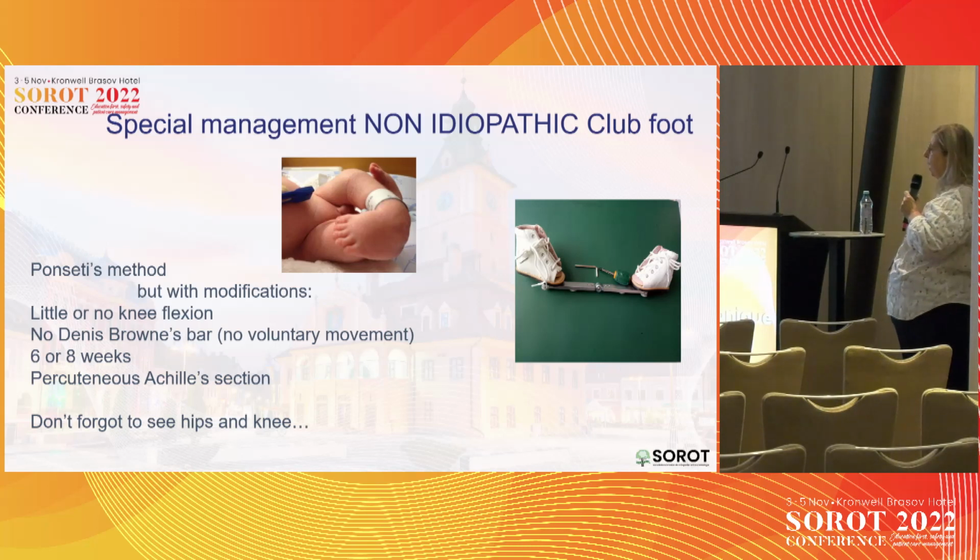You use the same Ponseti method, but we don't use the Denis Browne bar because there is very often no voluntary movement, so it's not very useful. We do casts every week for longer than in idiopathic club foot, for 6 to 8 weeks, and afterwards the same percutaneous Achilles tenotomy, and always think of the foot together with the hips and knee.